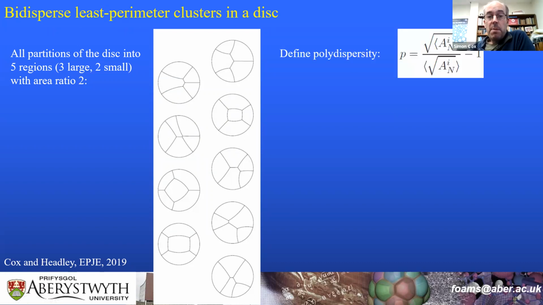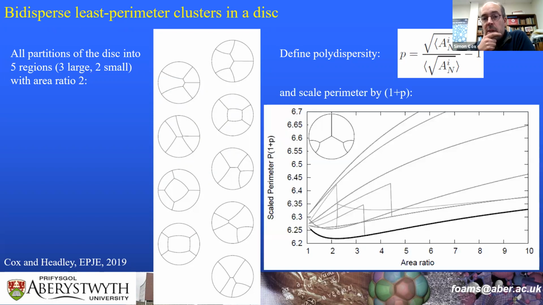We define the polydispersity because we expect that to affect the total perimeter quite strongly, and then scale all our data by 1 plus the polydispersity, so that the lines are more easy to compare.